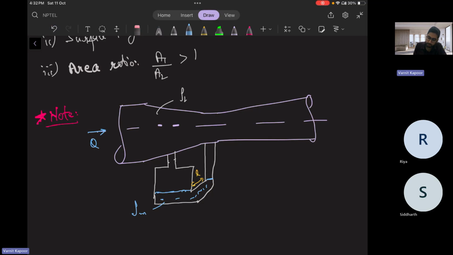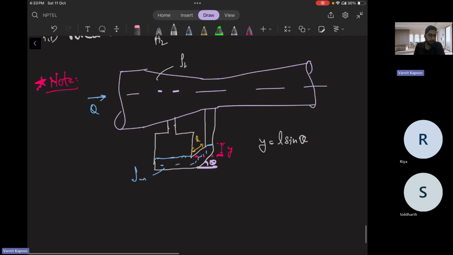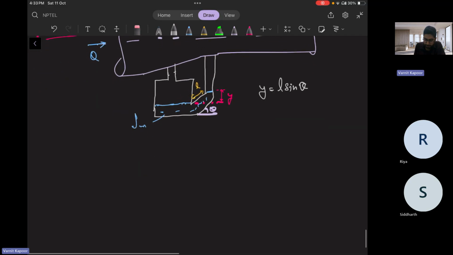Let us suppose we have this deflection to be Y and the inclined length is L. So from the geometry, if this is at my angle theta, we can say that Y is equal to L sine theta. And when we ask what our flow rate value will be, it is CD A1 A2 root of 2GH under root of A1 square minus A2 square.